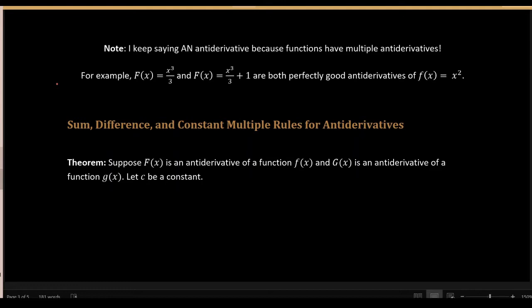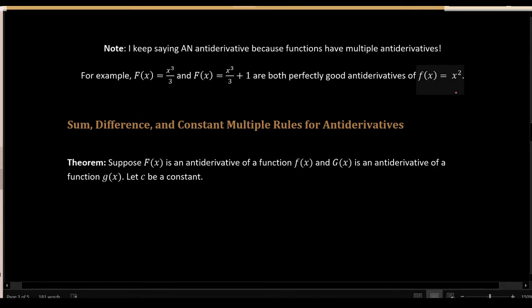For a quick example, let's consider the antiderivatives to the function f of x equals x squared. Now, the formula that we gave on the previous page says that if you increase the power by 1 and then divide by the increased power, you'll get an antiderivative of x cubed over 3. That function is definitely an antiderivative of x squared.